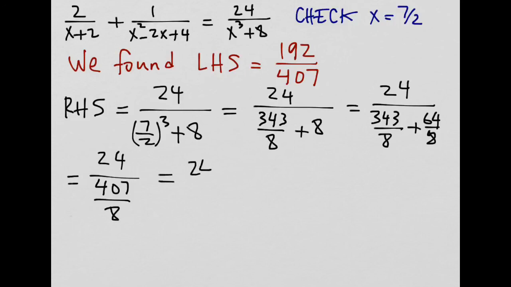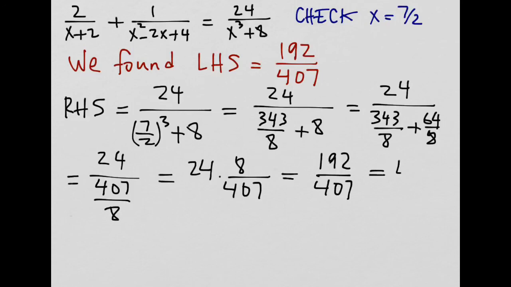That's equal to 24 times 8 over 407. And 24 times 8 is 192, all divided by 407. As you can see, the left-hand side equals the right-hand side, so x equals 7 over 2 is the only solution.